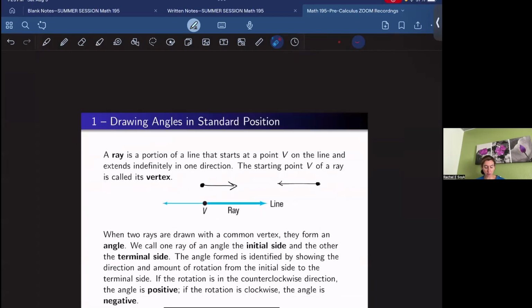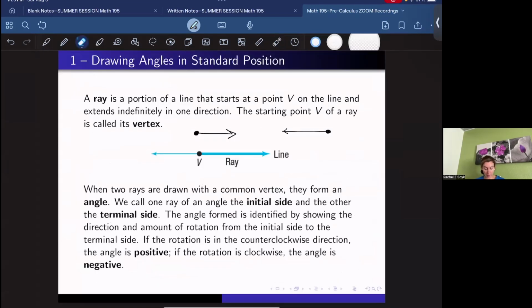So let's first talk about some vocab. We have a ray, and a ray is essentially a line, but it extends indefinitely in only one direction. So it contains an endpoint.